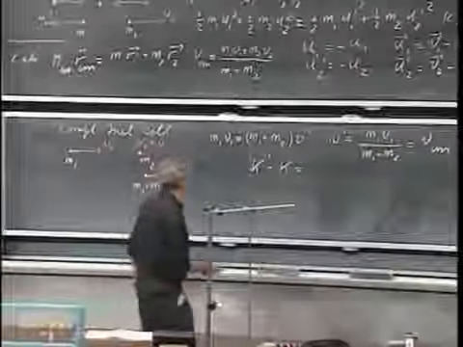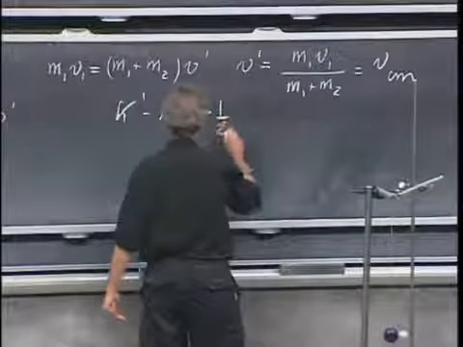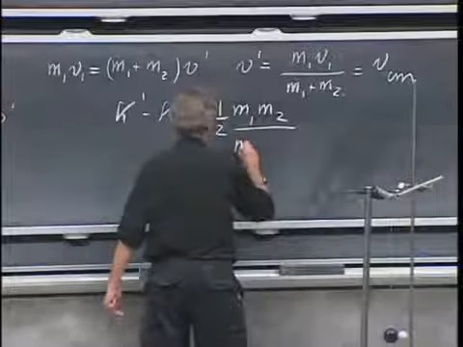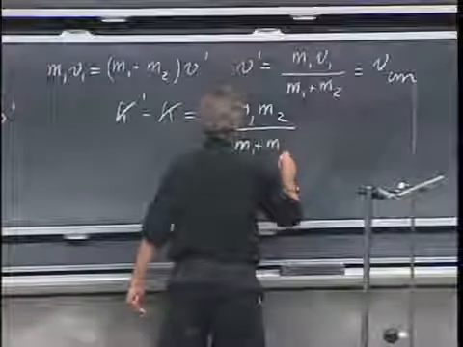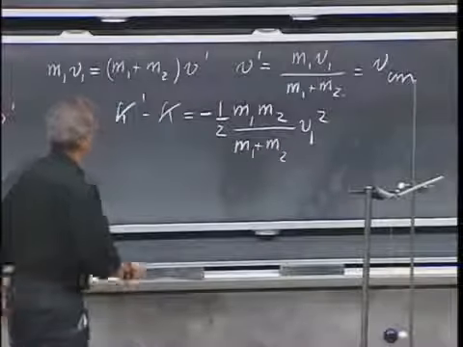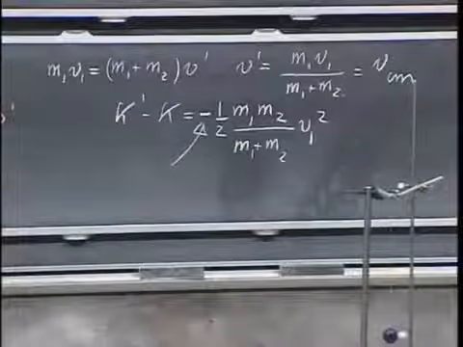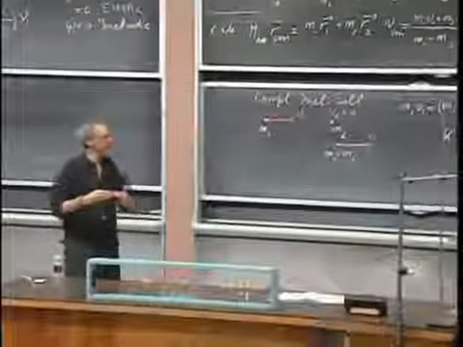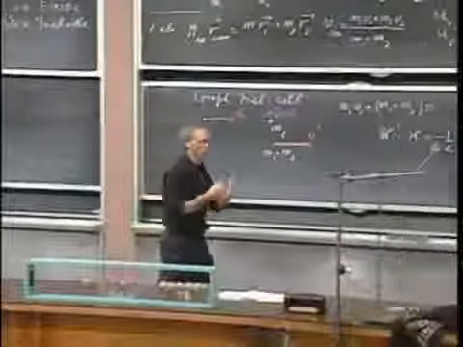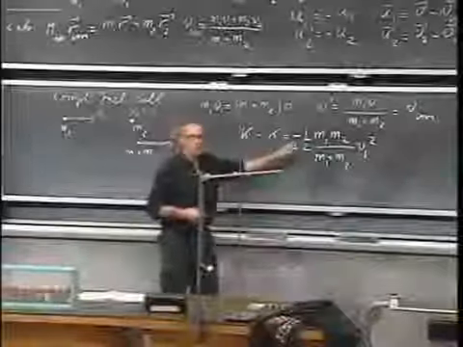And you will be able to see that this equals, you have to massage the algebra a little bit, minus 1/2 M1 M2 divided by M1 plus M2 times V1 squared. That's what you will find. The minus sign is predictable. We lose kinetic energy. When there is a completely inelastic collision, as we've done many last lecture, you lose kinetic energy. We saw it in every single case. That's what the minus sign means. This is Q.